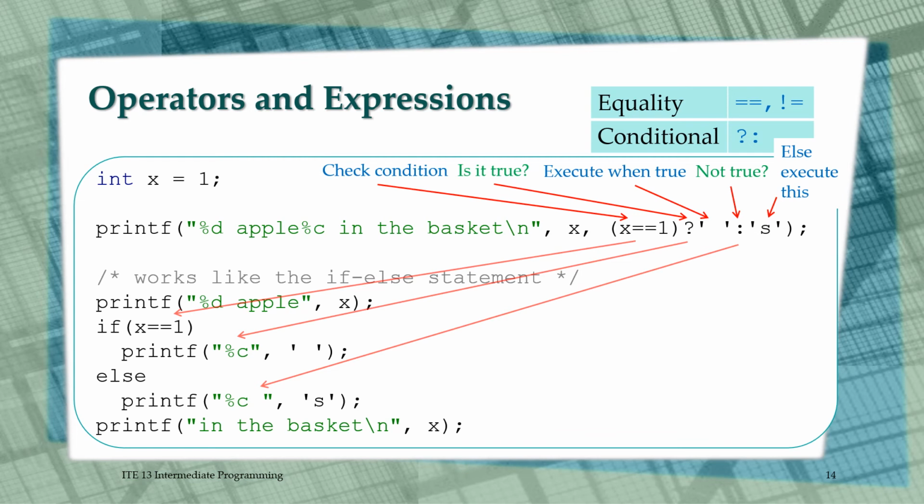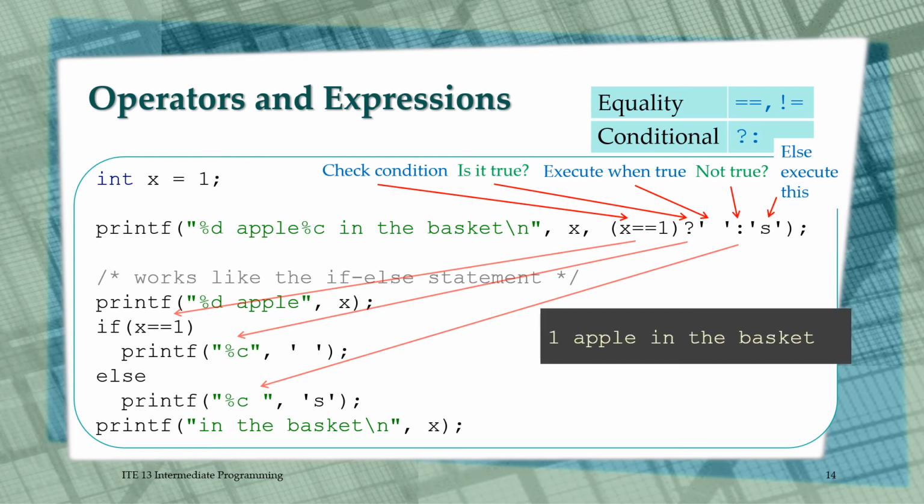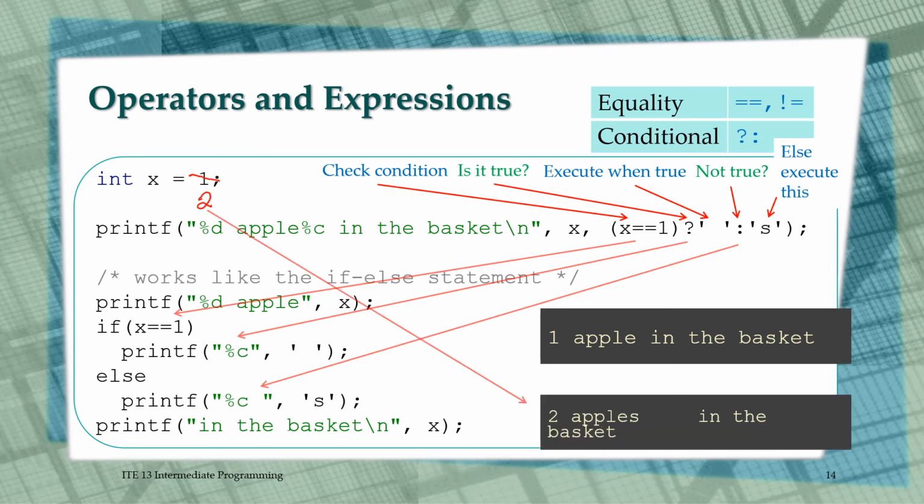With x equals 1, the display would be 1 apple in a basket, while when x is equal to 2, the display becomes 2 apples in the basket. Notice the s on apple is added. So if you wish to use the conditional operators rather than the conditional statement, make sure that the expression is simple enough and follows the given syntax for writing.